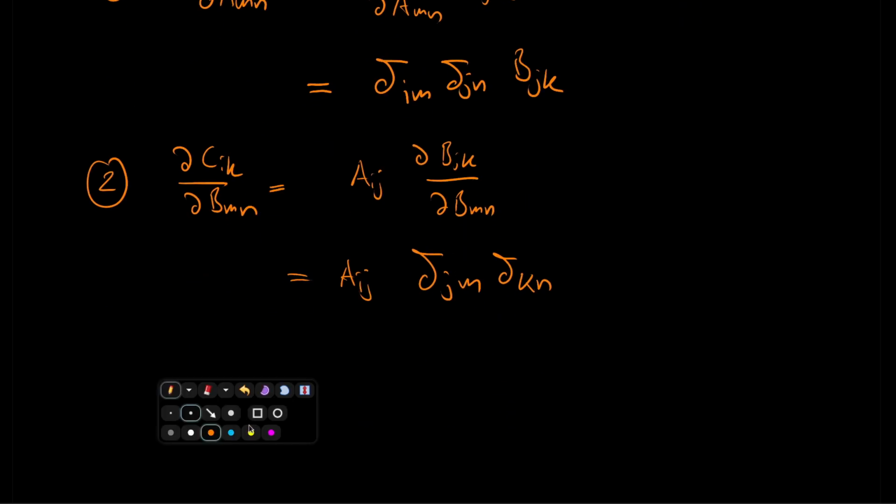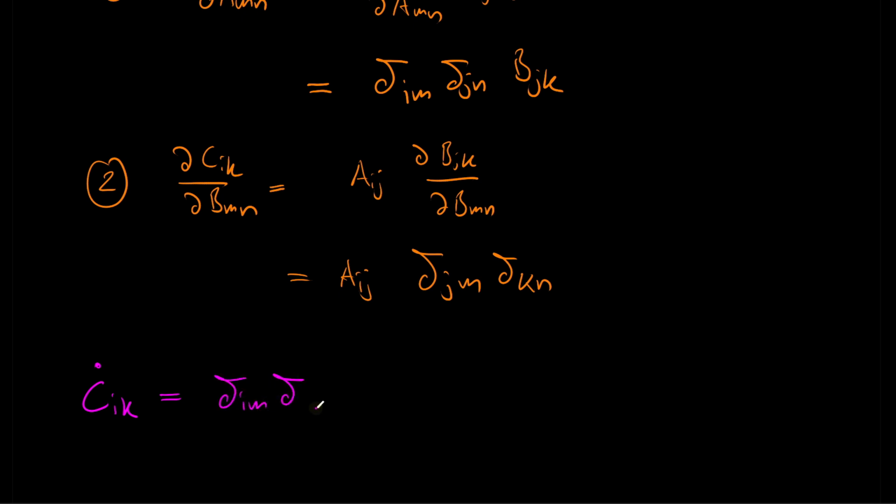Okay, let's plug this back in. So let's have again the tangent on C, index ik, is given according to delta_im delta_jn B_jk and then tangent A_mn, plus A_ij delta_jm delta_kn multiplied with the tangent B_mn.